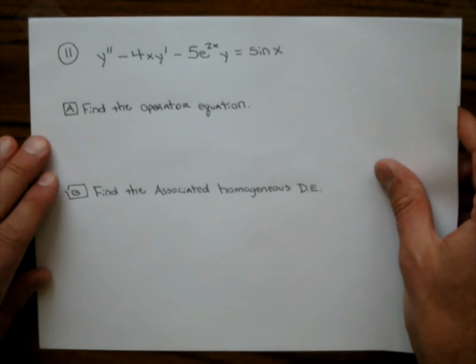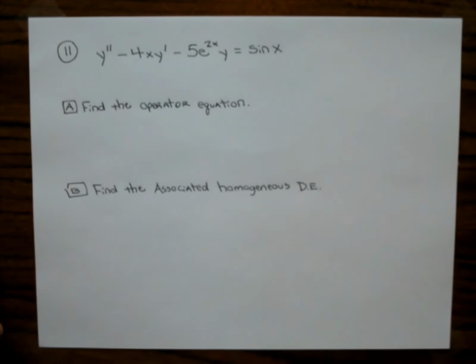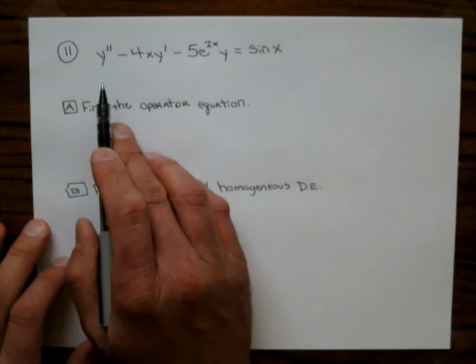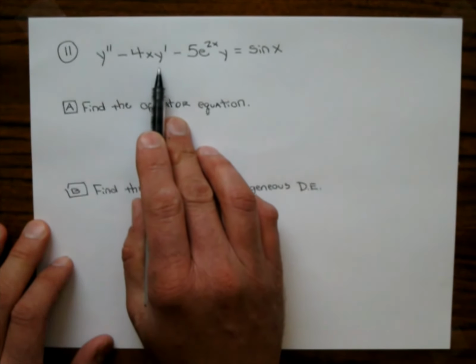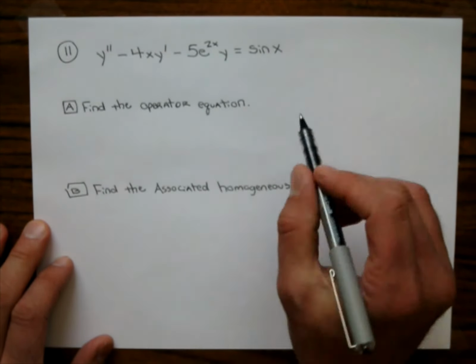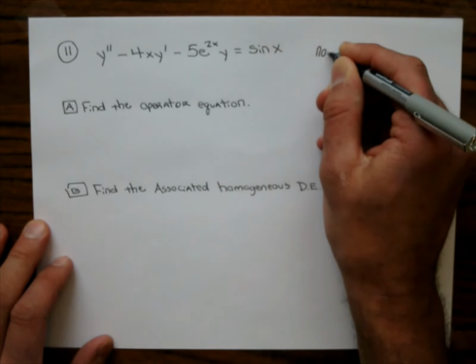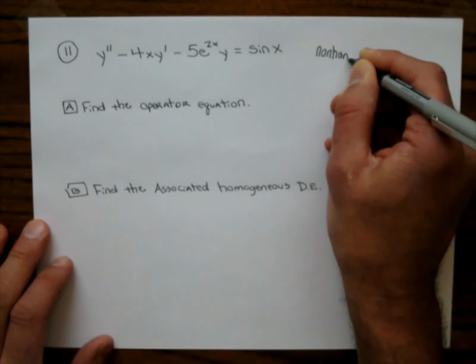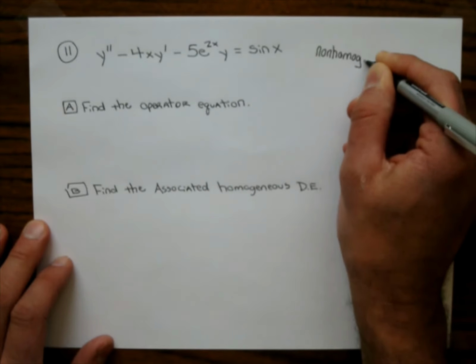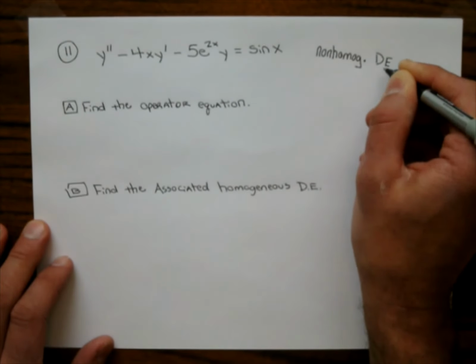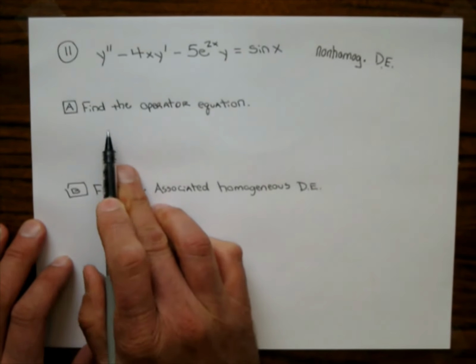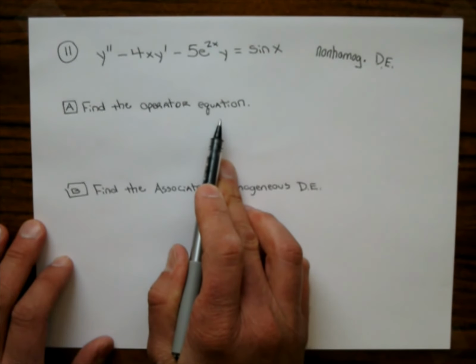We're going to do one last problem, and that will complete 8.1. And so our last problem, we're given a second order differential equation. By the way, this is a non-homogeneous differential equation. Find the operator equation.